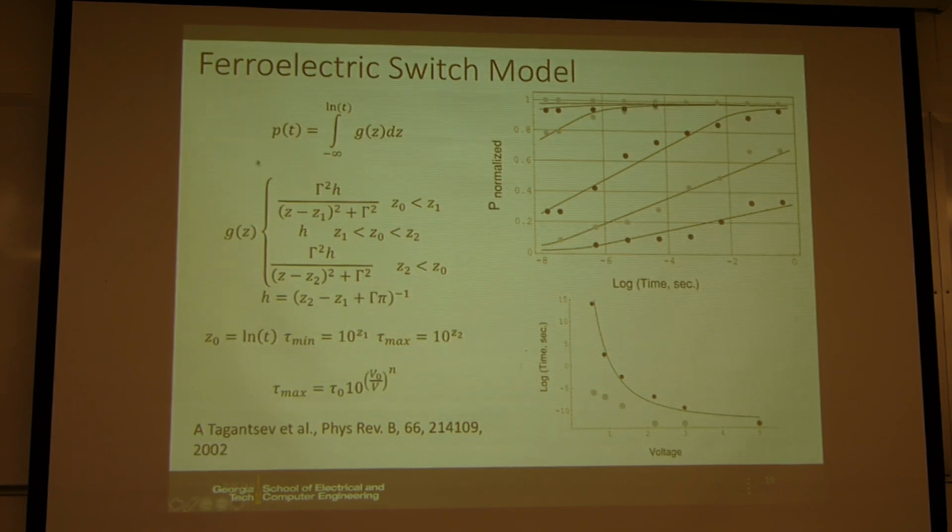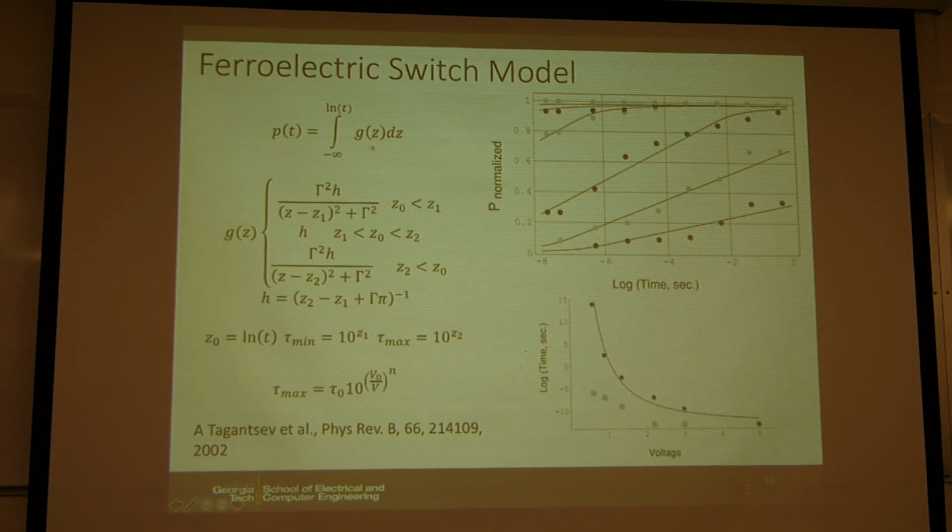This is the mathematical description for this model. P is the fraction of domain that is switched. This P is the distribution function. They set tau min and tau max to be the lower and upper limits for the first nucleation to occur in the domain.